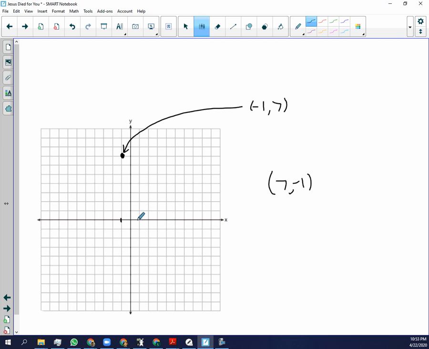We'd have to go to 7 on the x-axis, 1, 2, 3, 4, 5, 6, 7, and negative 1 on the y-axis. That will be right there. And back here, these points, x and y, are both negative. So, for example, -2, -3. Back up 2 and go down 3. It's pretty much that simple.